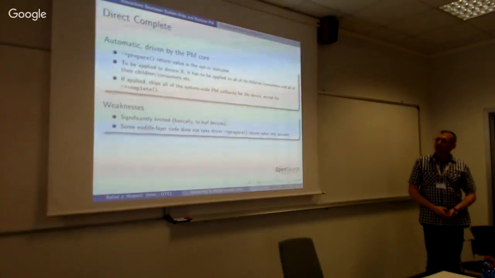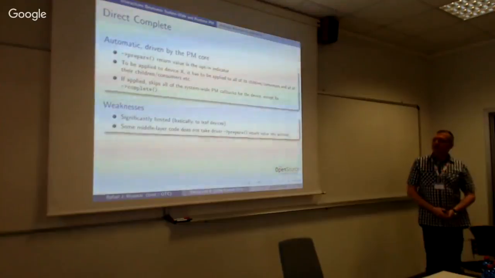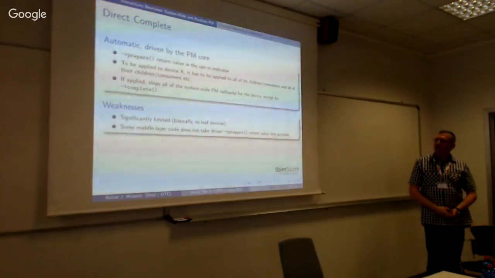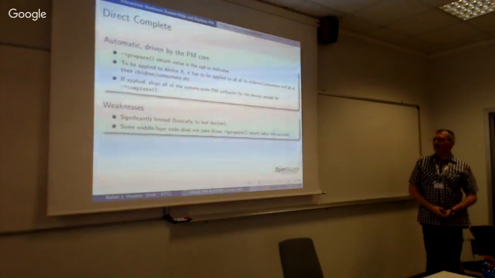The prepare callback is the first one invoked during system suspend for every device, and if that returns a positive number, then the PM core will try to leave the device in suspend, given that it is suspended.